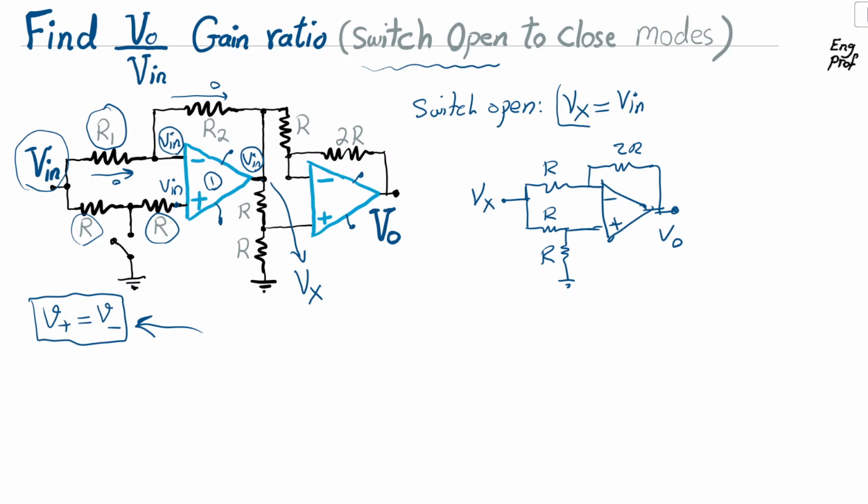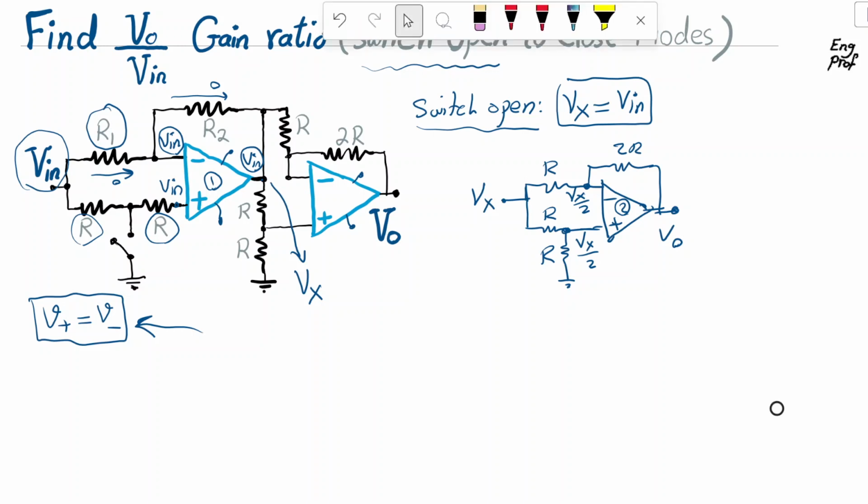Here, it gives Vx over 2, and again, because op amp number 2 is also not saturated, in the linear region, virtual short should be valid, so Vx over 2 also appears at the negative input terminal. Now I can write a very simple KCL.